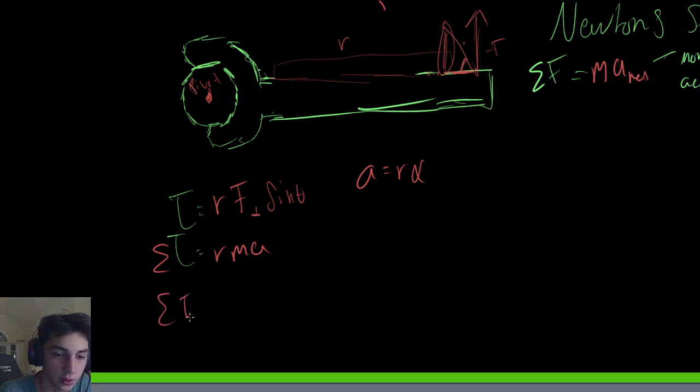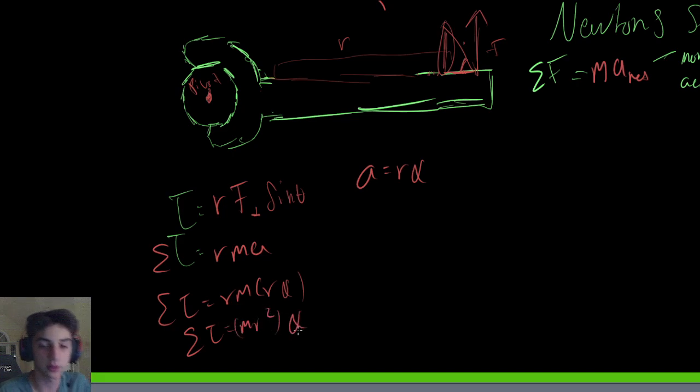The net torque is equal to r times m, don't forget the mass, times the radius times angular acceleration. If we just neaten that up, torque equals mr squared, mass times radius squared, times angular acceleration. And from previous units, we know that that is our rotational mass.